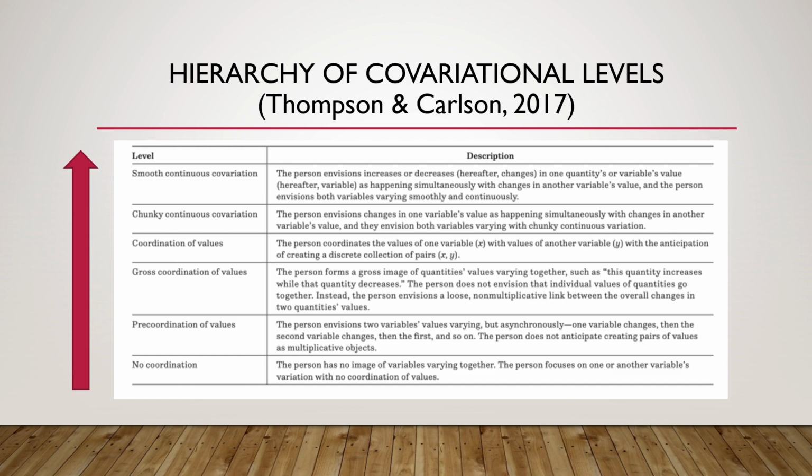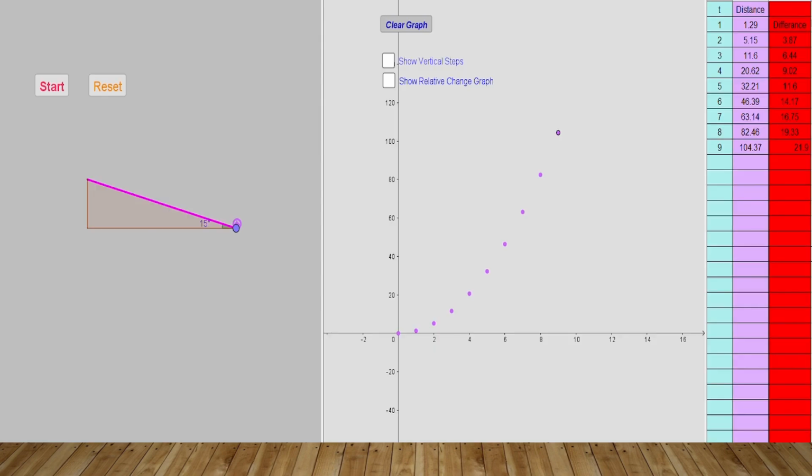But let's return now to the example described previously, where we have the inclined plane and the ball running along it. And let's assume that with time we have the possibility to change the inclination of our plane and to sketch again the graph of the distance traversed by the ball with respect to time. Well, the kind of reasoning required this time is something more complex than what has been described before.